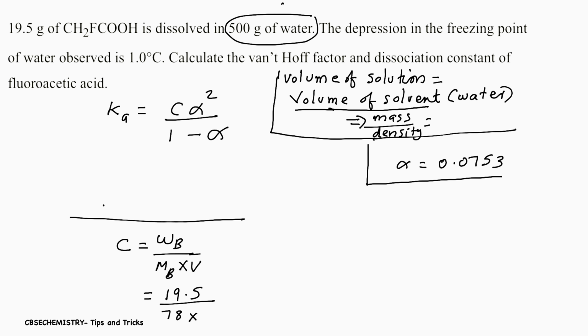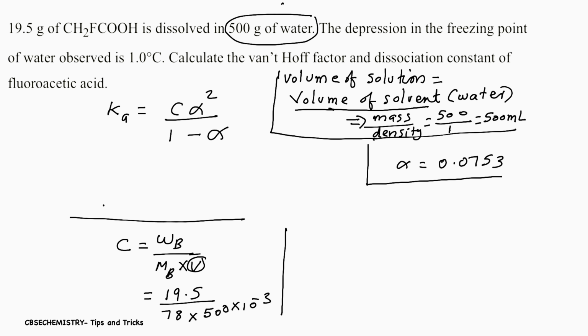Now what is mass? 500. And for water, what is density? 1 gram per milliliter. So 500 by 1, and what you will get? 500 ml. And we need volume in liter, not in milliliter. So 500 into 10 raised to minus 3.